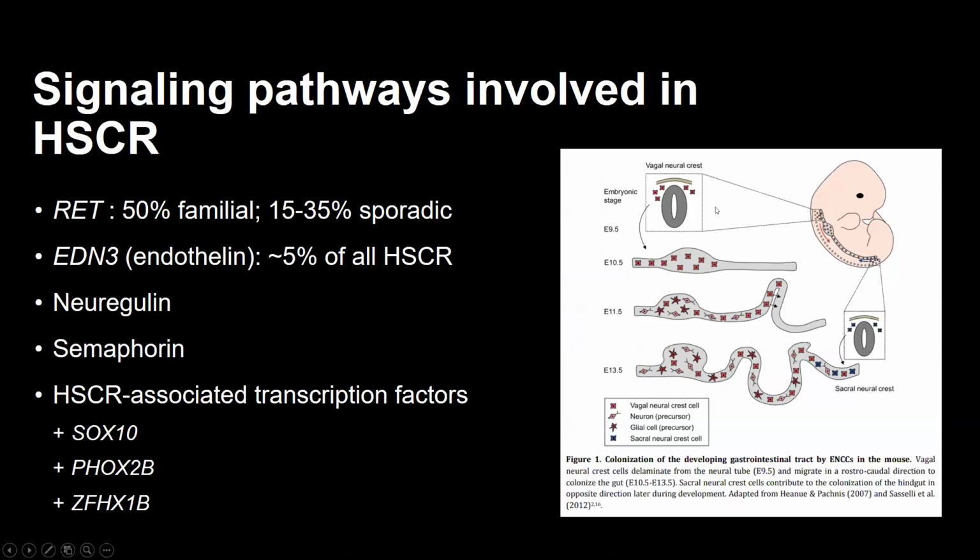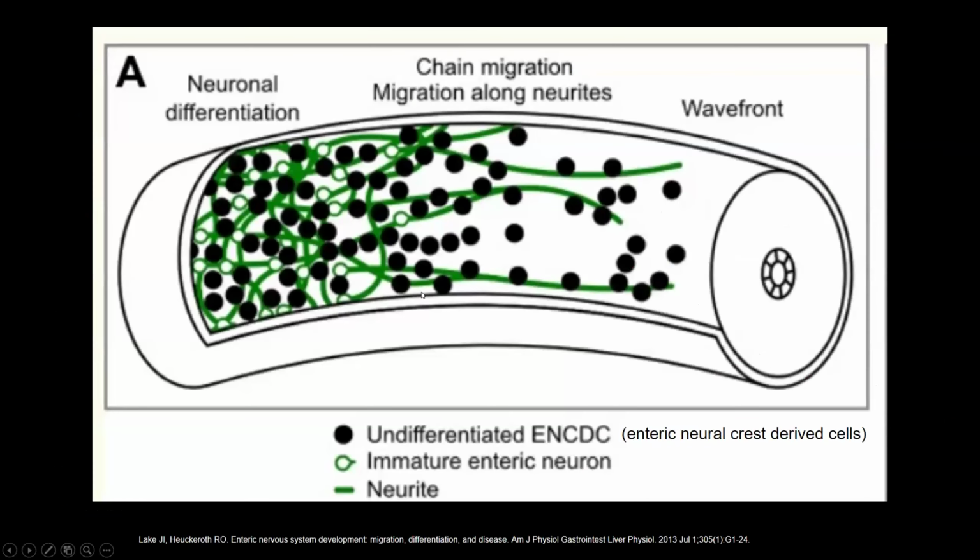So how does that function? As I mentioned before, vagal neural crest cells and sacral neural crest cells begin to inhabit that tube, and as they do, they result in the development of neurons and then glial cells. Neurons develop first, followed by the wave of glial cells. And you can see here another image.